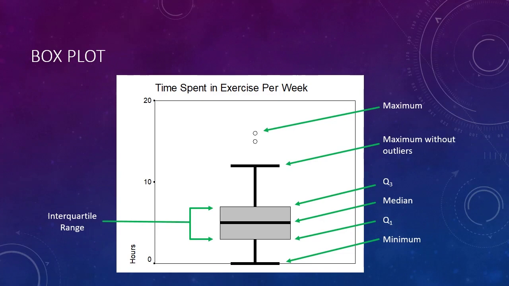This is the interquartile range. Approximately 25% of the respondents spend less than 2 hours exercising. There are more statements that I could make, but I hope by now you get the point regarding how much information is conveyed by this one graph.